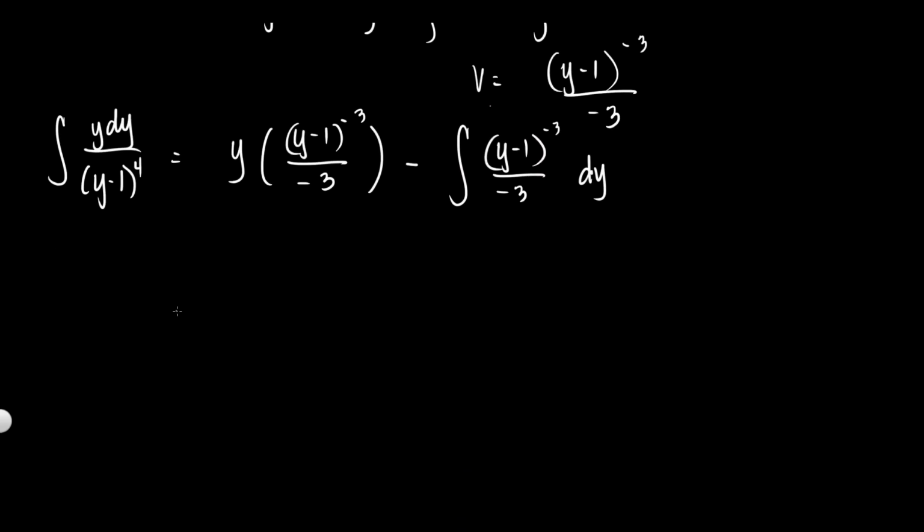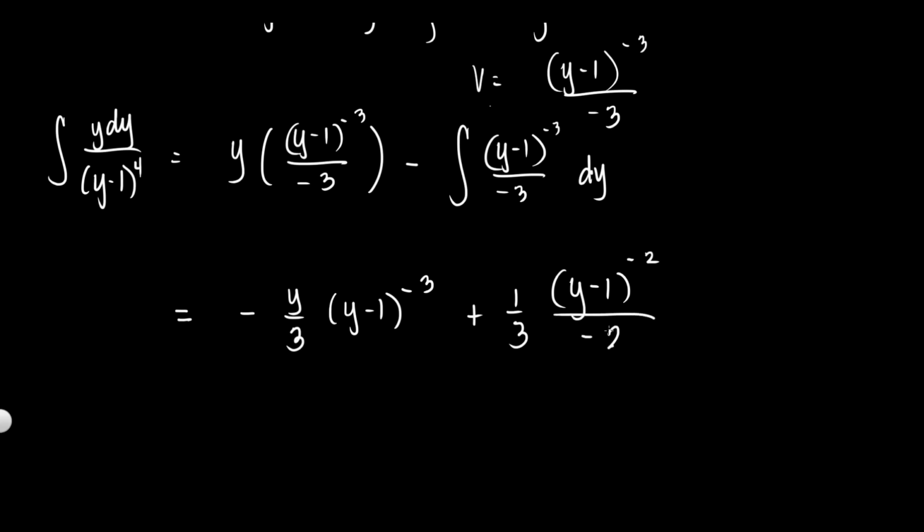So, we have minus y over 3, y over 3, times y minus 1 raised to minus 3. Minus, positive 1/3, okay? Then, it's just the power formula, no? So, we have y minus 1, minus 3 plus 1 is minus 2, over minus 2, plus 3.